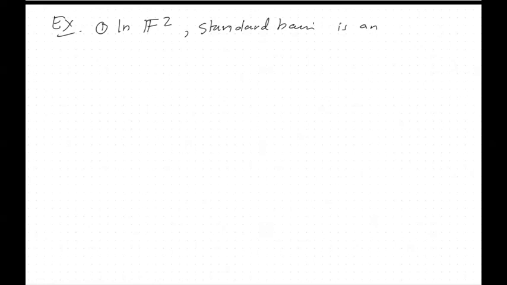So let us consider examples. First example is the standard basis. So in F^2, the standard basis is an orthonormal list.